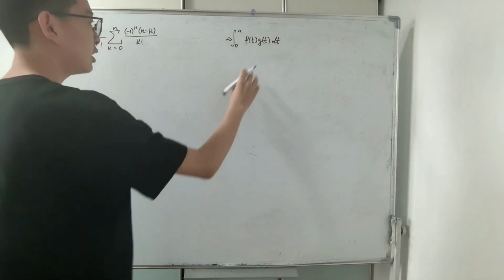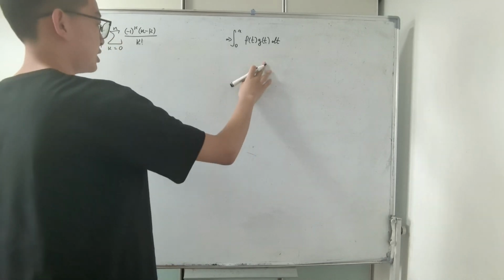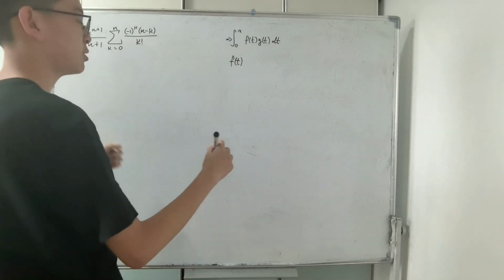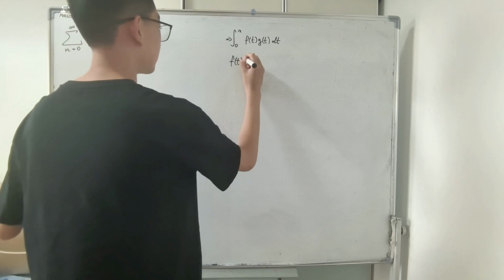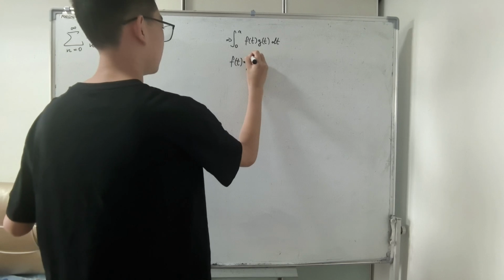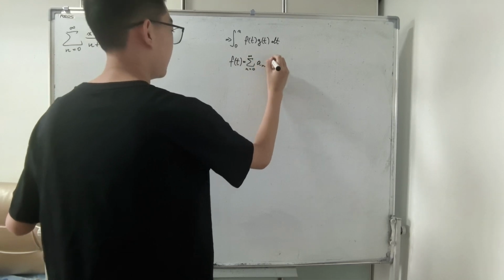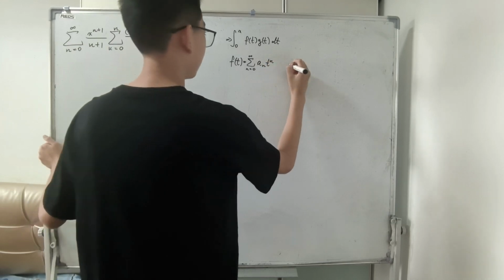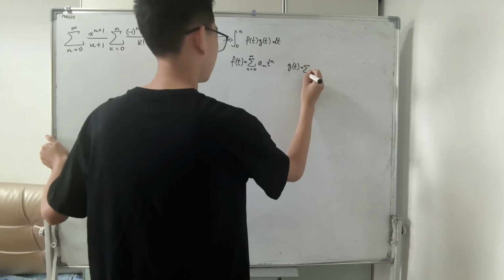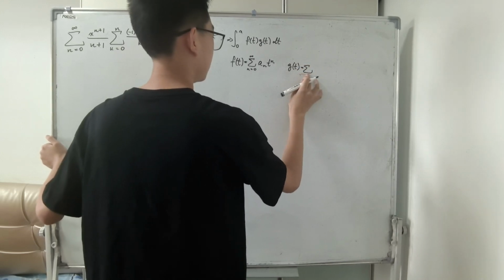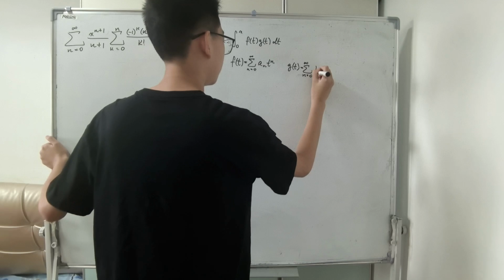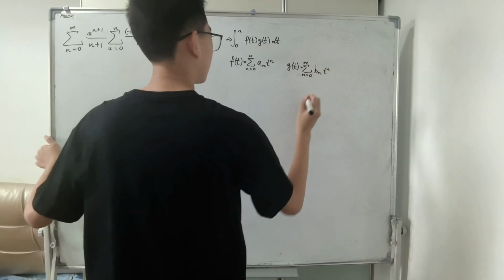Now f and g here are already known functions, as in we know their Taylor series representations. f of t is the sum from n equals 0 to infinity of a_n times t to the n, and g of t is another Taylor series, the sum from n equals 0 to infinity of b_n times t to the n.